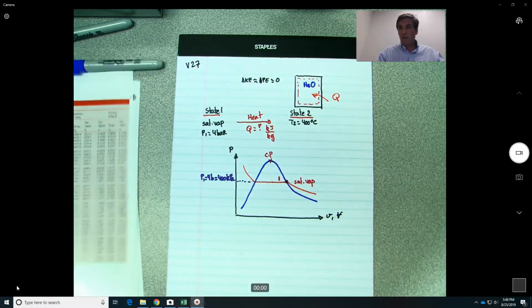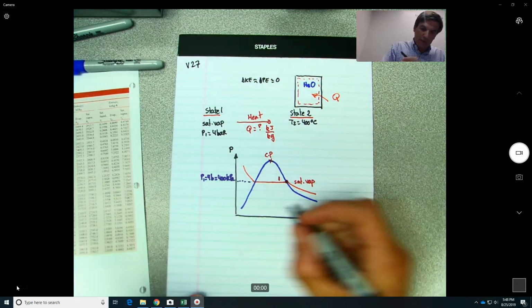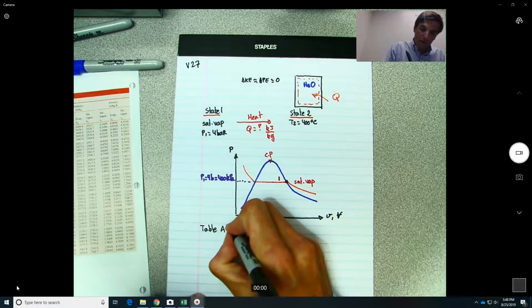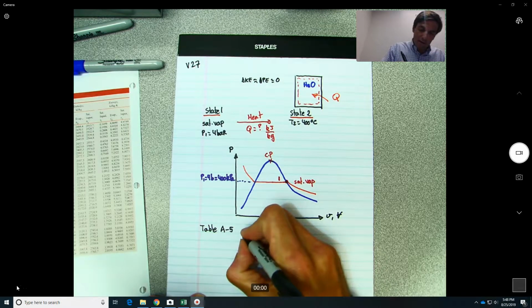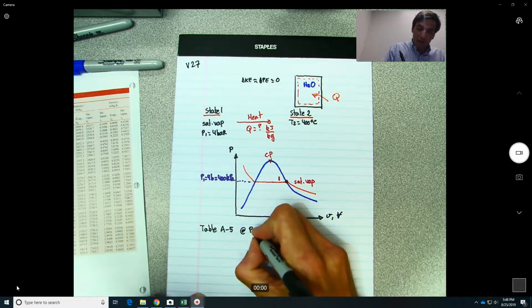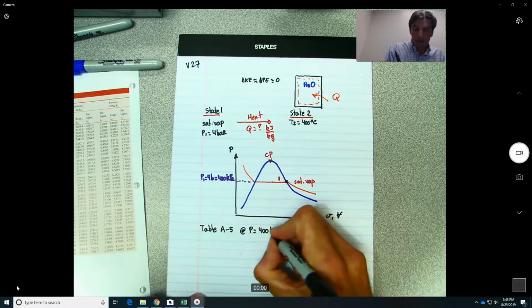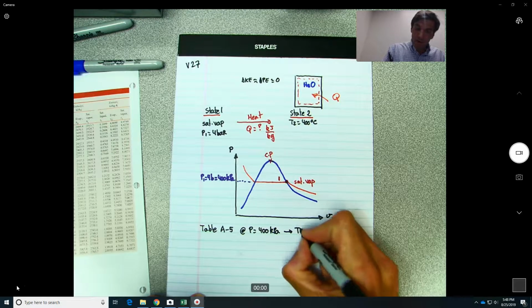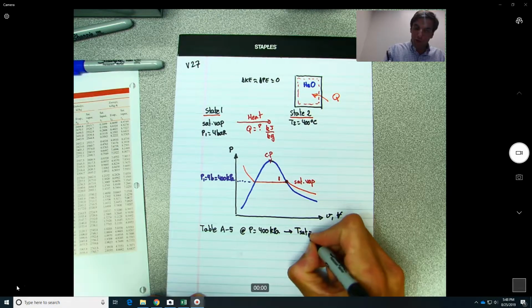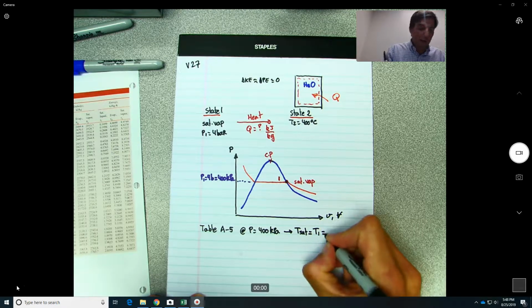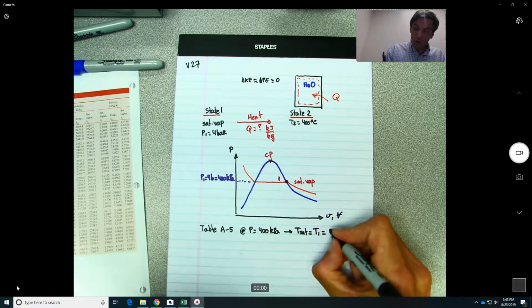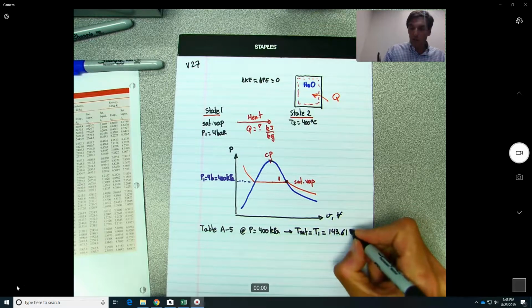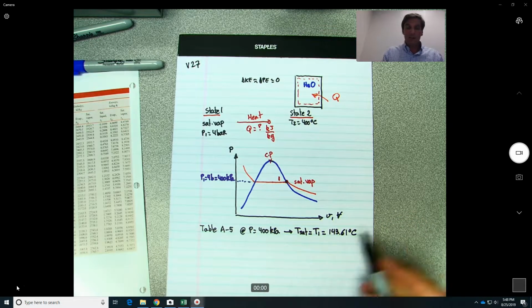So we can see over here from table A5 at P equals 400 kilopascals, we know that the saturation temperature, which will be equal to T1 in our case, is equal to 143.61 degrees Celsius. So go to the table and check that value.